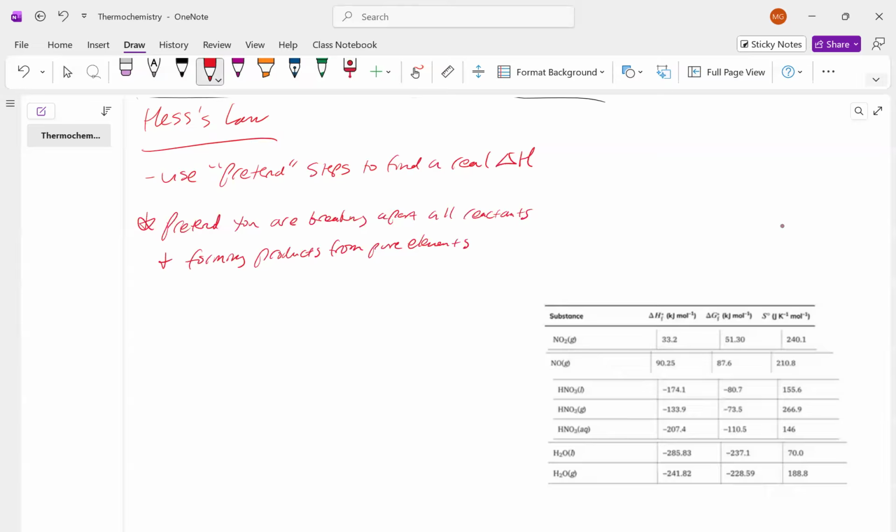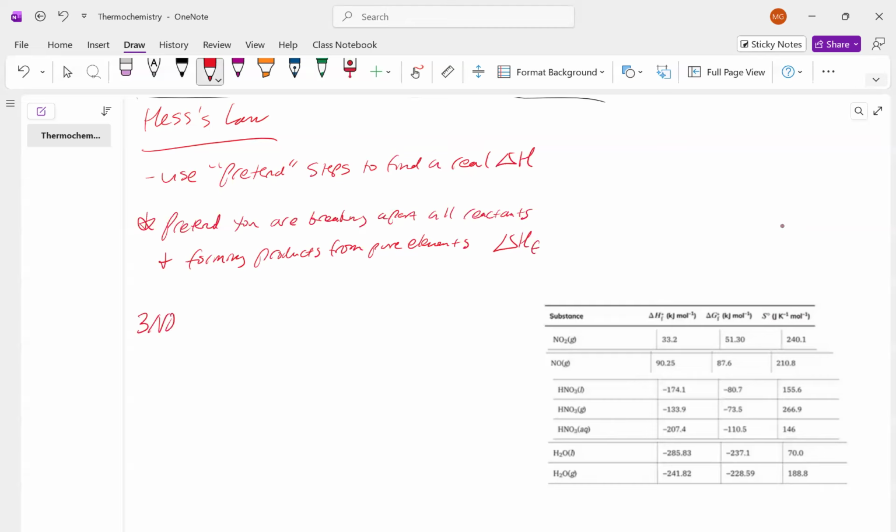And so essentially we're going to be using a lot of delta H of formation. Now, that seems very confusing, so it's going to get a lot clearer. I'm going to jump right into an example and show you what I mean by this pretend stuff.